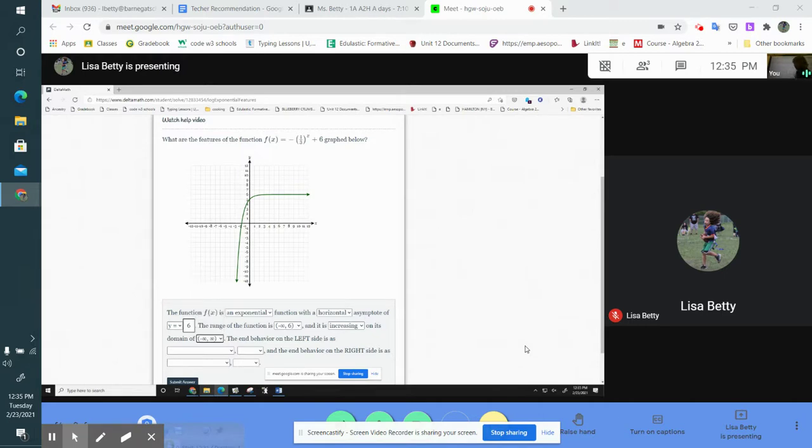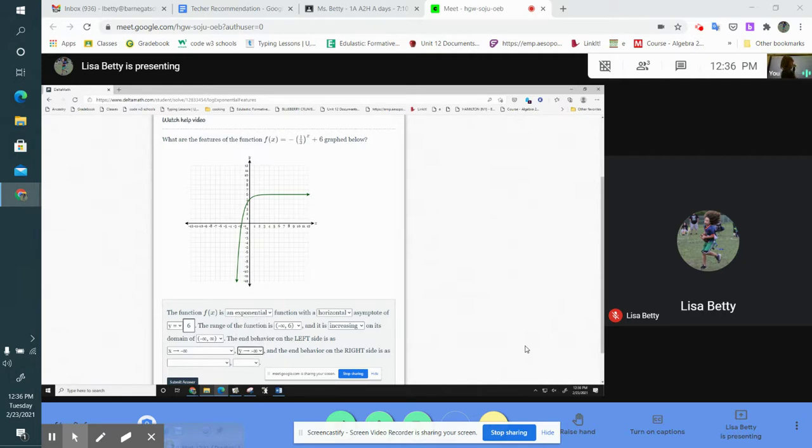The end behavior on the left side, you just have to look at the left side over here. What's the end behavior? It's going to the left and it's going down. So as x is approaching negative infinity, y is approaching negative infinity. It's going down into the left.